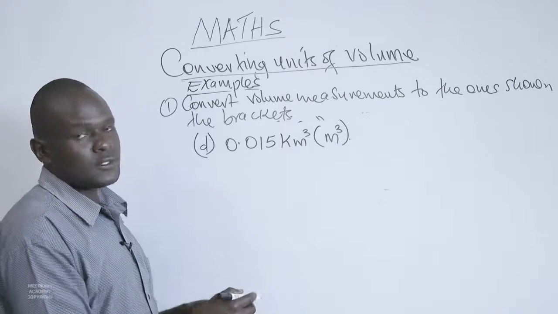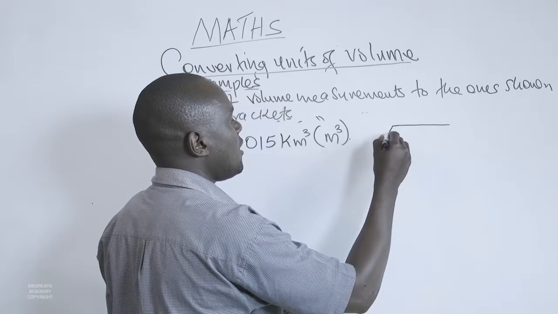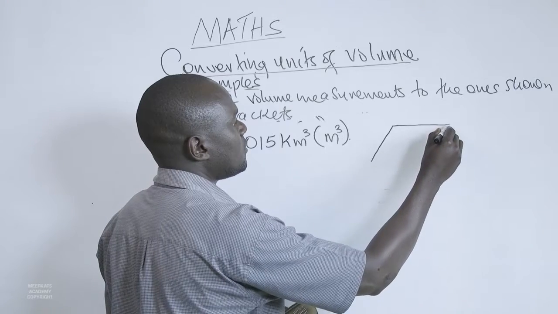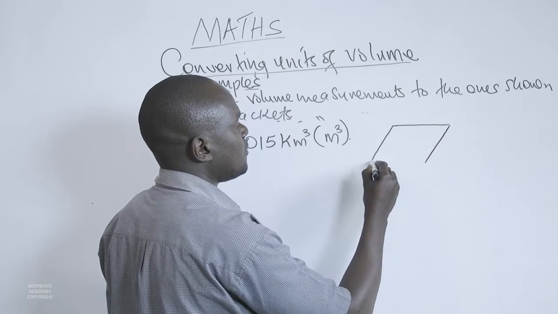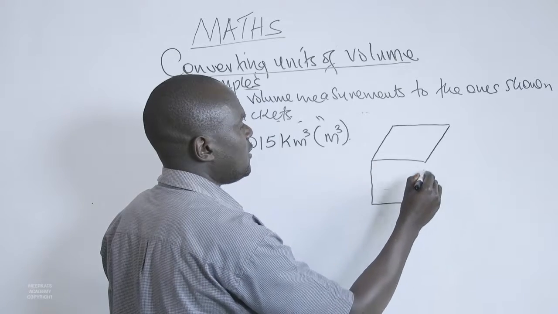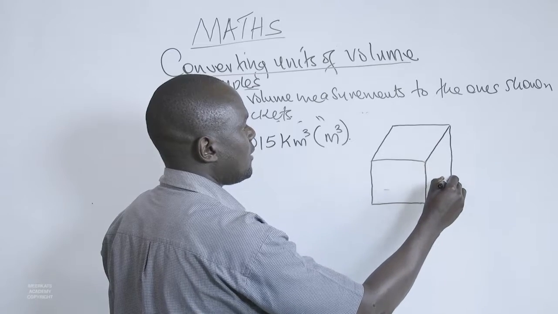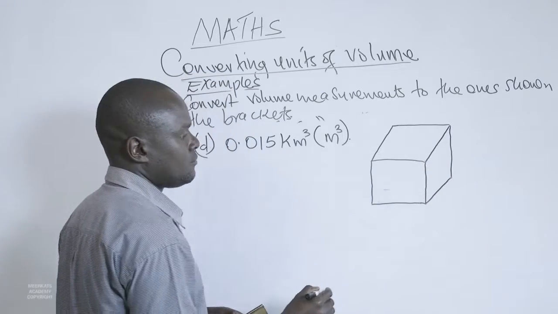So if we were talking about a certain container, let us assume that we have a cuboid. A cuboid is basically a figure whose length, width, and height are all the same.